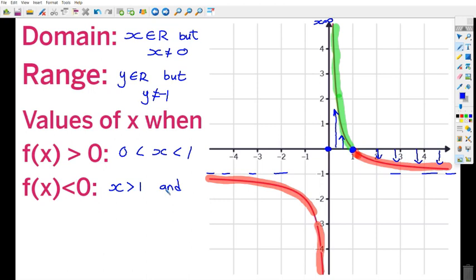Where does this graph start being underneath my x-axis? To the left of this point. As soon as I go to the left of this point, my graph is underneath, underneath, underneath. As soon as I go to the right of this point, my graph is above, above, above.